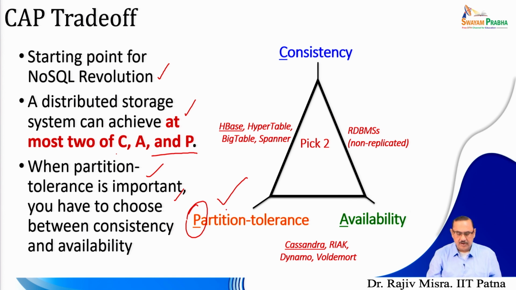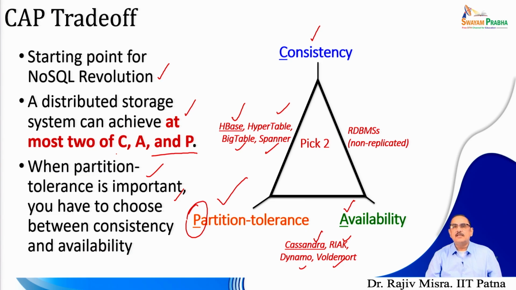Let us say that partition tolerance is already decided in most of the cases. So, out of consistency and availability, let us see what the options are. If availability is preferred over consistency, then you have key value stores called Cassandra, Riak, Dynamo, Voldemort. When consistency is chosen over availability, then you have HBase, Hypertable, Bigtable and Spanner.